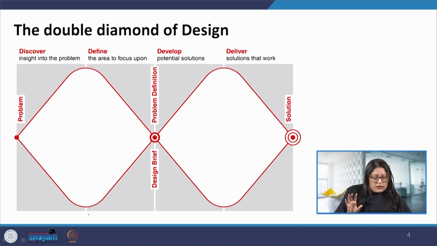But before we actually start applying this method, there are a few preparations that usually should be made. So, the 2 things that are important when we are planning to apply the double diamond are the team that is going to work on the project and the second is the space.